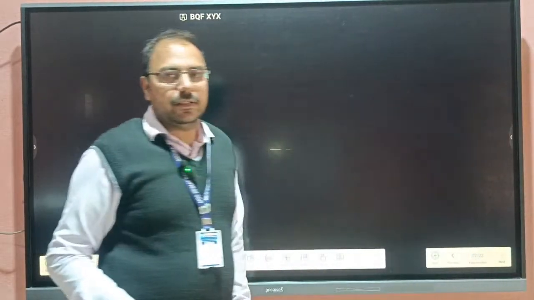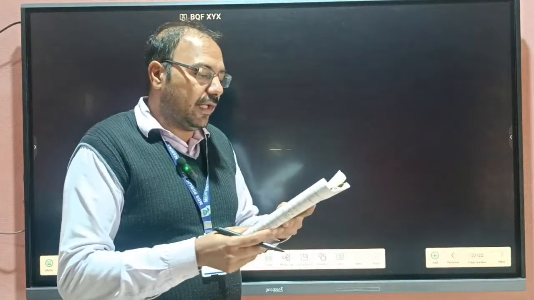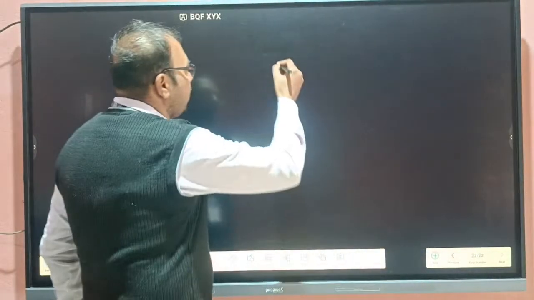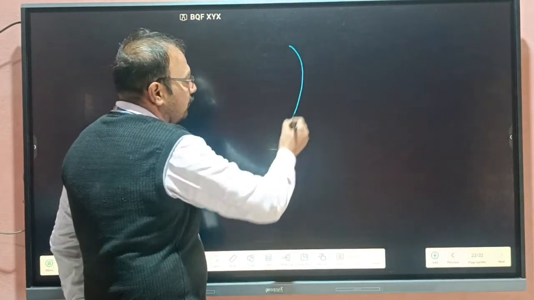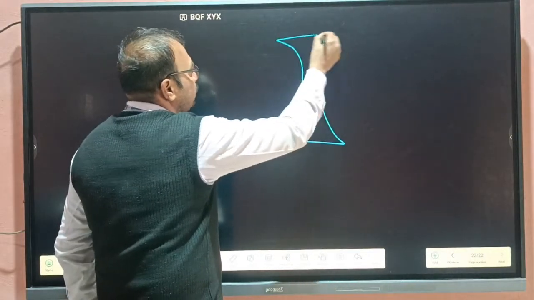So here we take an example to solve a numerical. What is given here? A concave lens has a focal length of 15 centimeter. So we draw a concave lens.